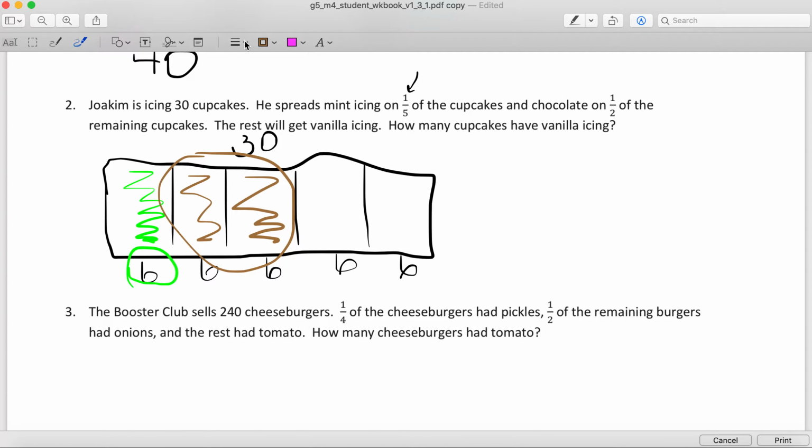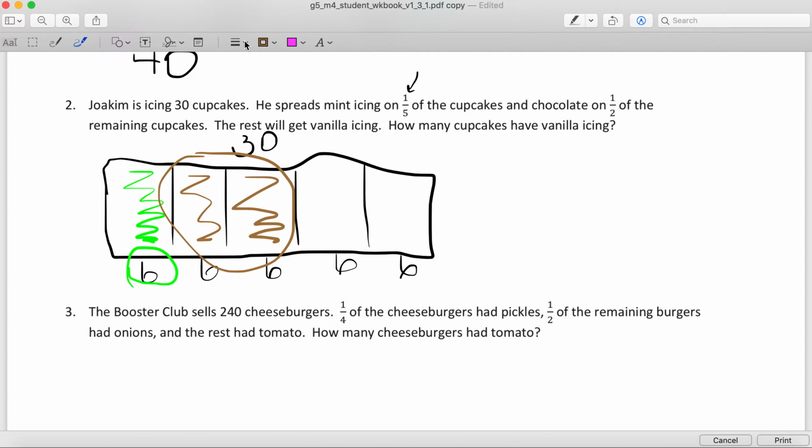All right, so let's use a green for pickles. All right, so there's my pickles. Okay, everybody got pickles. I know you like pickles. So that means 60 out of the 240.